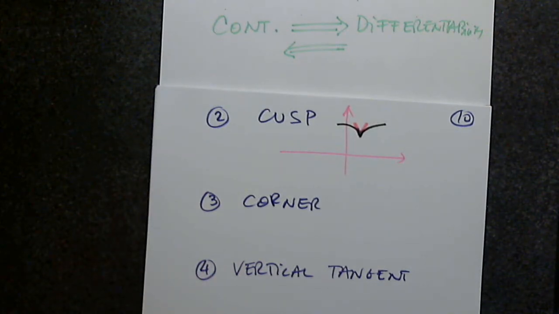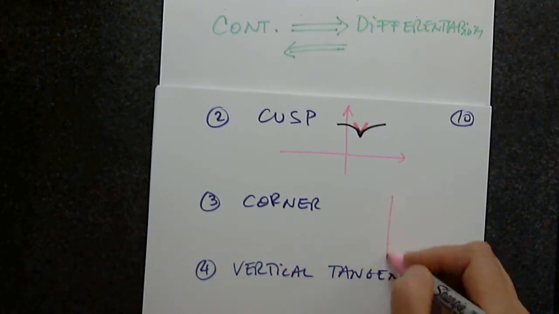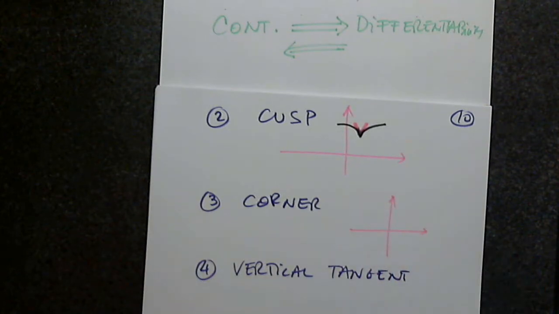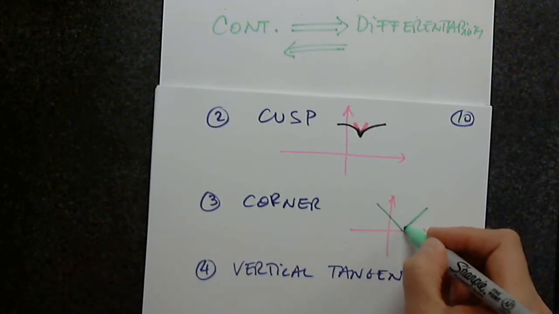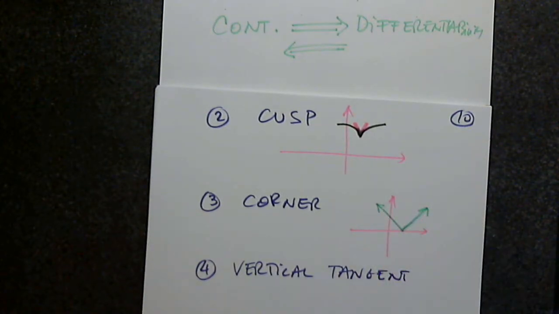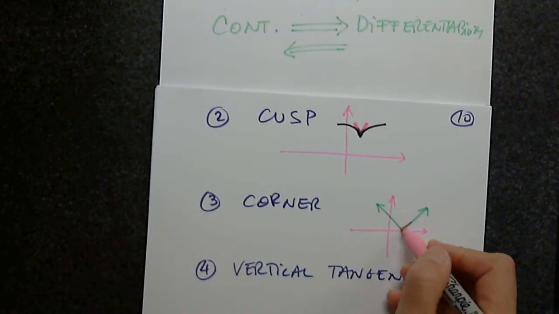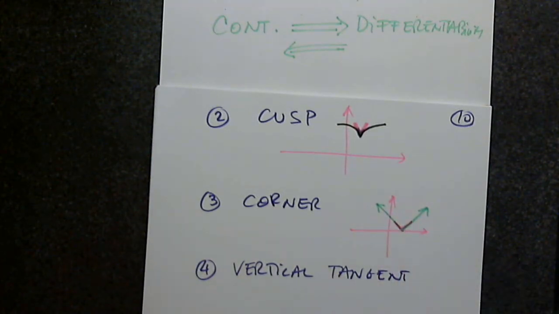If it doesn't have a unique tangent, the function is not differentiable at that point. Corner. Very good, awesome. So here is an absolute value situation, and this is a corner. Again, at this point, there are two tangents, not one, not a unique tangent.